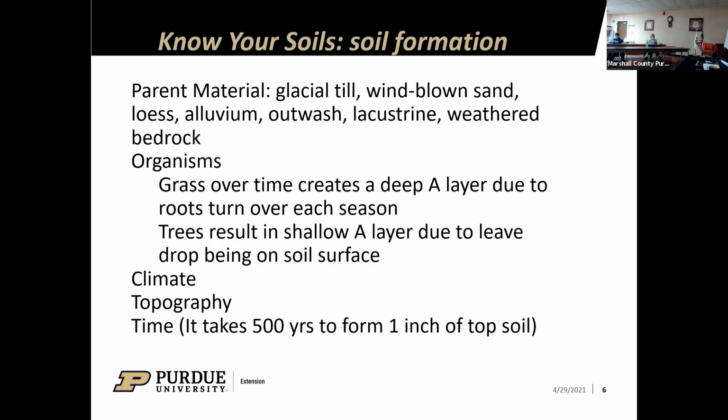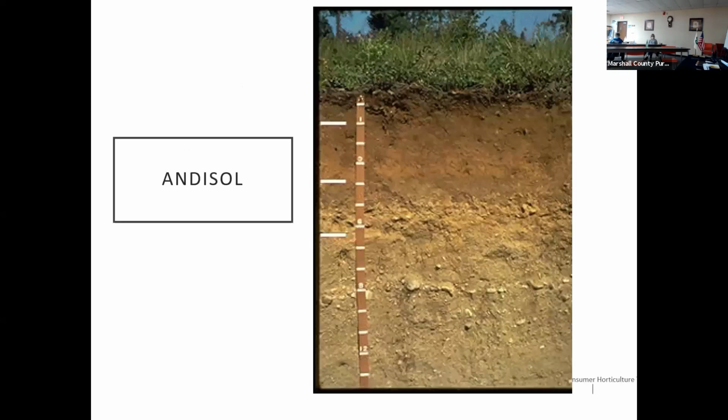Here in Indiana, 85% of our soils were covered with trees, so we have a shallow A layer or organic layer, because as the leaves fall down, that's the real source of the organic matter that builds up in our soil. So it doesn't tend to develop a very deep A layer or organic layer. Climate also has an impact, but let me show you this next slide.